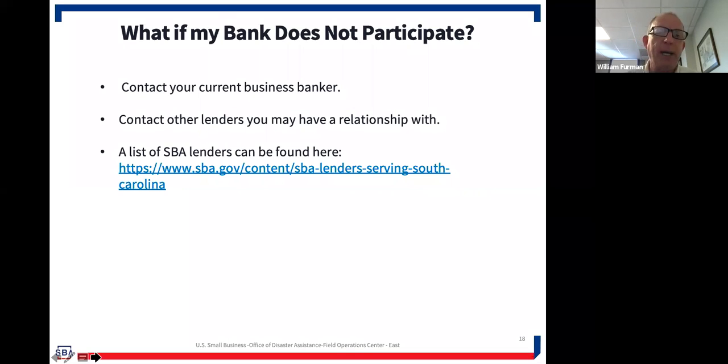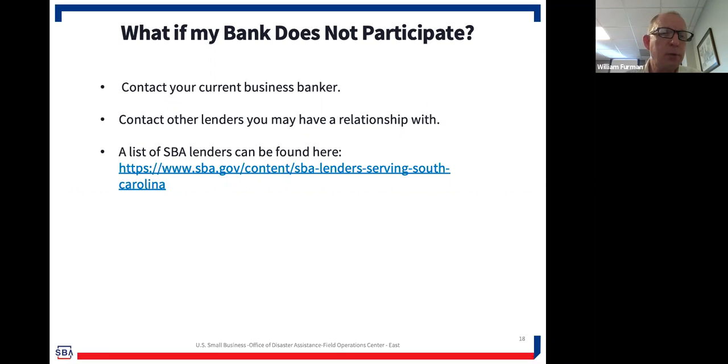Banks that don't participate, my recommendation is go to your business banker. The next step would be to go to a lender that you had a relationship with. And then third, if all of that fails, go to SBA's website, South Carolina website, and we have a list of all the participating SBA lenders, and you can work from that list to find a lender that will make PPP loans.